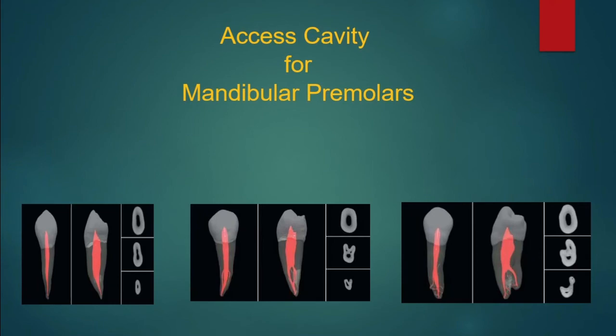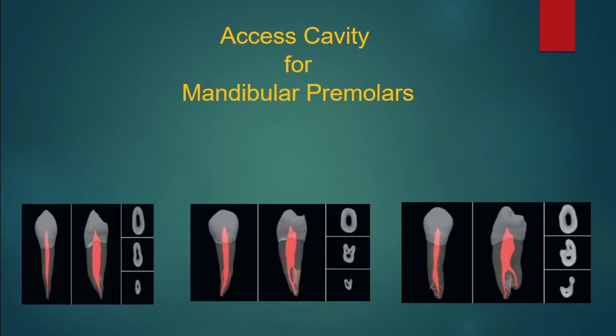All right, now let's move on to the mandibular first and second premolars. These teeth are very tricky. They can be single canal or double canals, and sometimes they divide at the mid third, at the mid root, and branch into different numbers of canals: one, two, three, four.